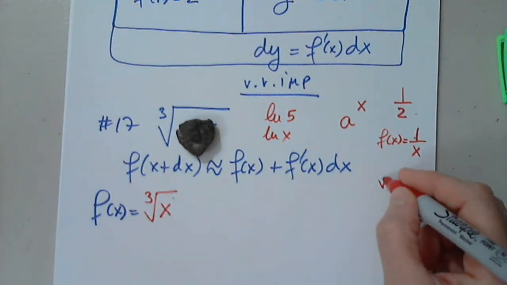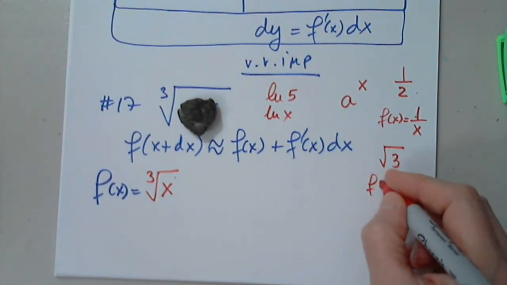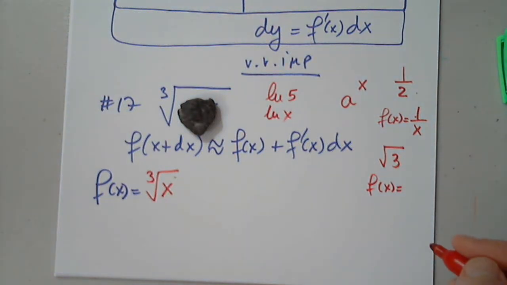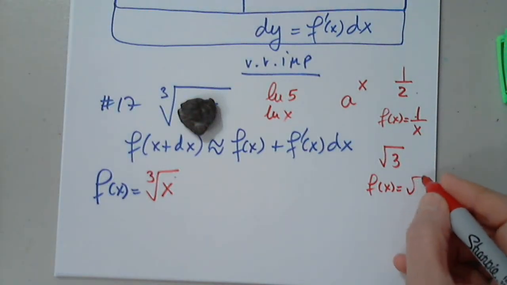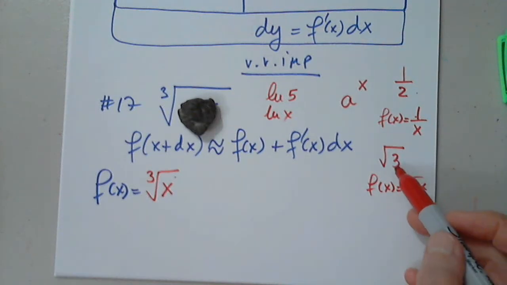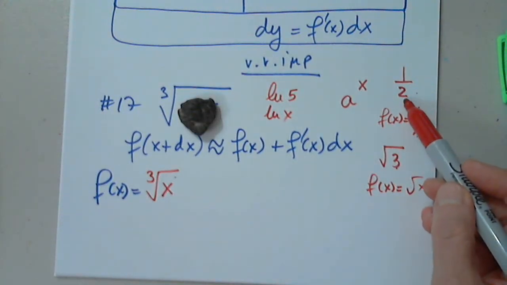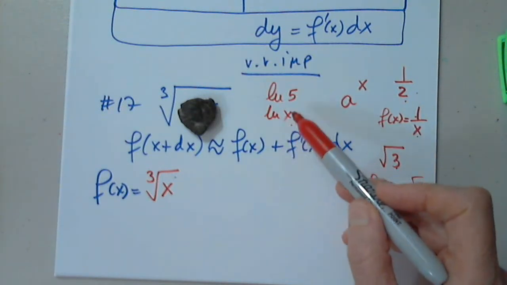What if I say the square root of 3? Which function is applied in this case? Square root of x. That's it. The square root of x is applied to 3. 1/x is applied to 2. Natural log x is applied to 5.